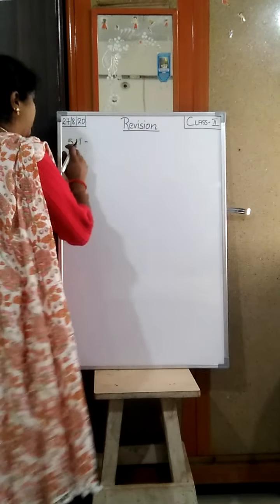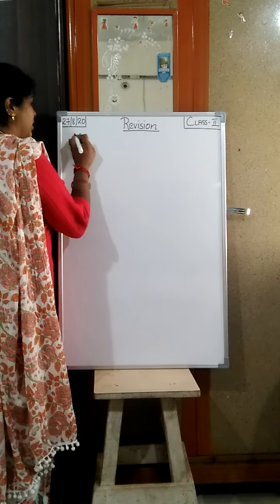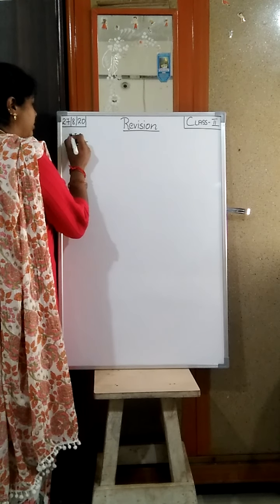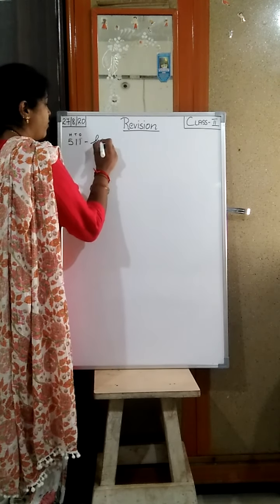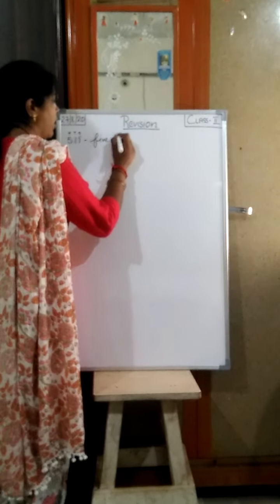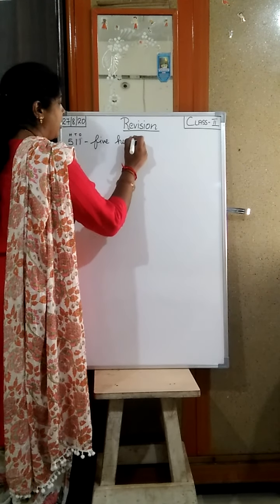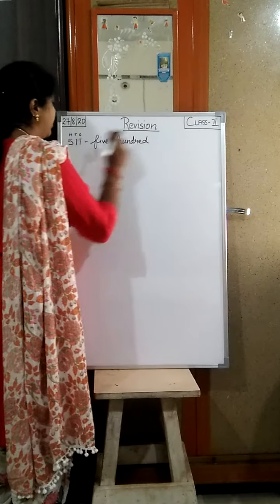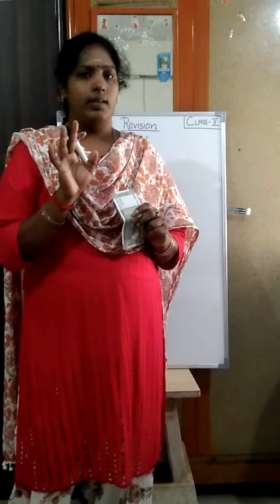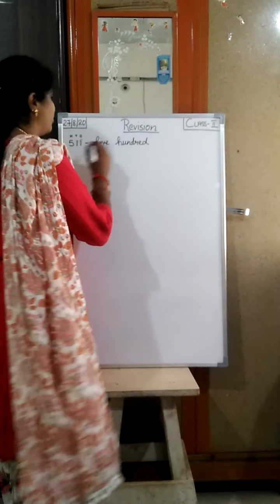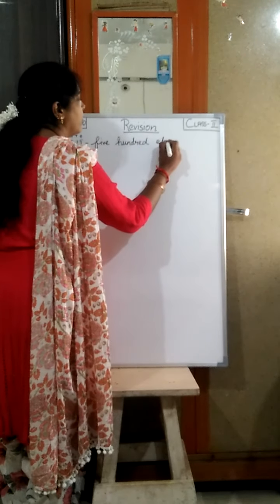First you write ones, tens and hundreds. 5 is in hundreds place. So F-I-V-E, 5. H-U-N-D-R-E-D, hundred. Some children will write 21. That is wrong. So we have to write 11.